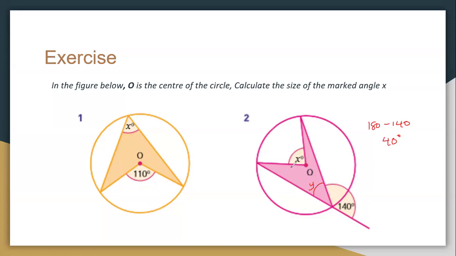Help me label the angles. Okay, so I used angle at the center is equal to 2 times angle at the circumference. Angle at the center is X, which is equal to 2 times 40.